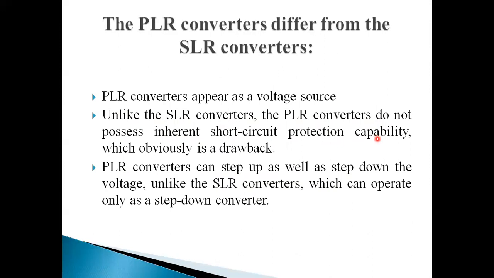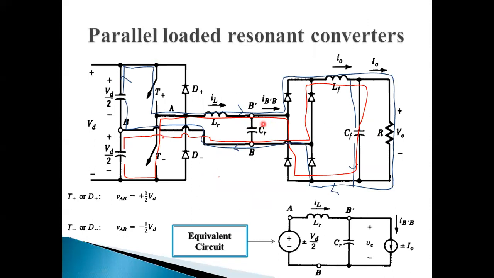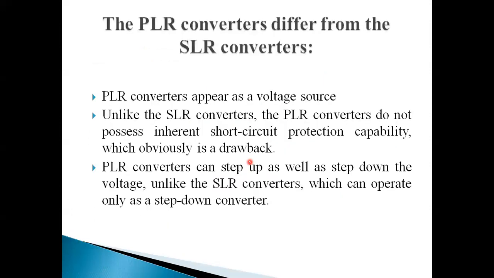What it means is that in one there is short circuit protection, but in the series loaded resonant converter, if the fault is a short circuit, then there is no protection capability provided. It is obviously a drawback of SLR.